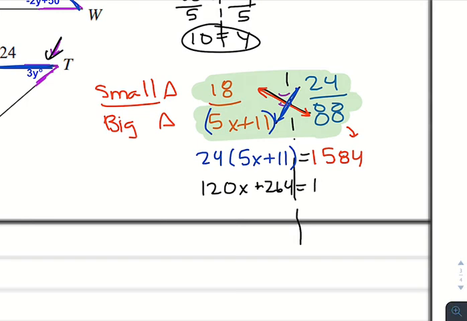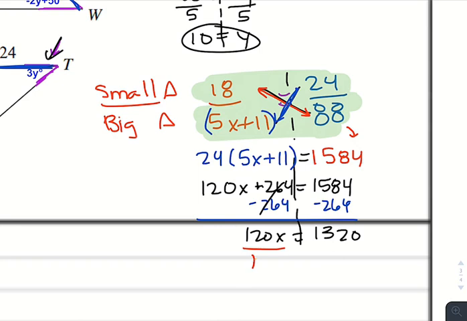We subtract 264 from both sides, leaving us with 120 x's on the left. If we take 1584, we subtract off 264, we're left with 1320. Of course, our last step is to divide, in this case by 120. So 1320 divided by 120 leaves us an x value of 11.